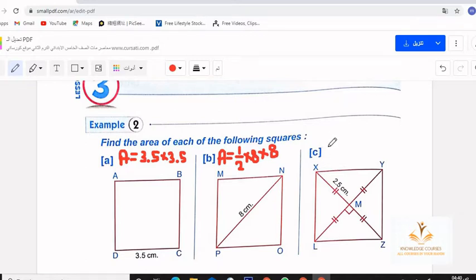A equal half multiply diagonal multiply diagonal, so A equal half multiply 5 multiply 5. Okay.